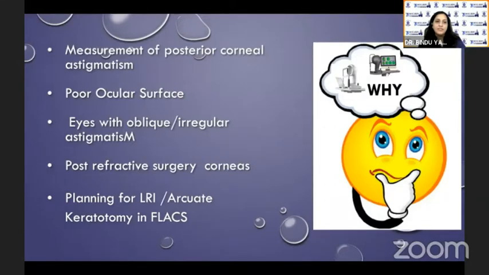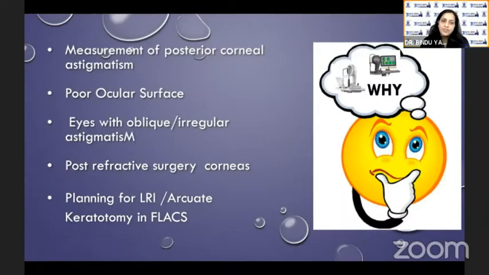There is a terminology called posterior corneal astigmatism, which is a very important factor as far as toric IOLs and premium IOLs are concerned. So we should certainly use Pentacam for measurement of posterior corneal astigmatism.